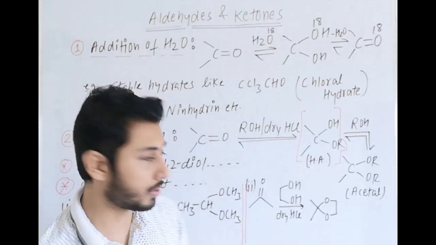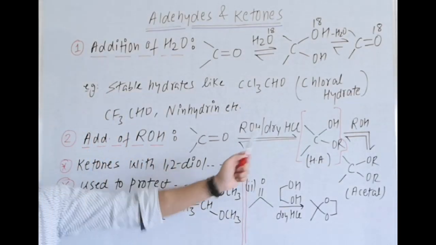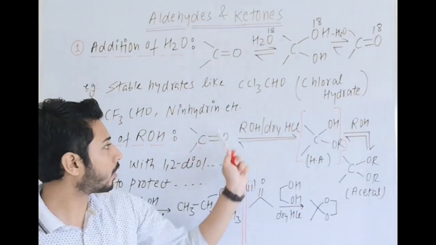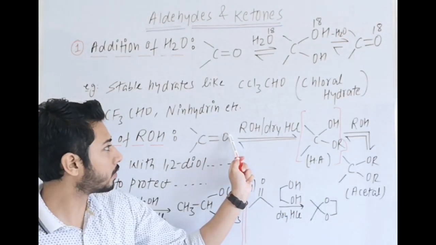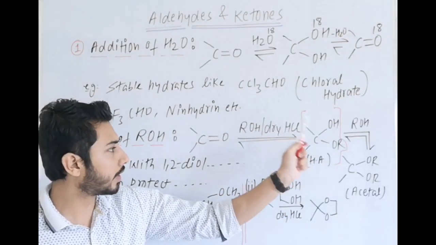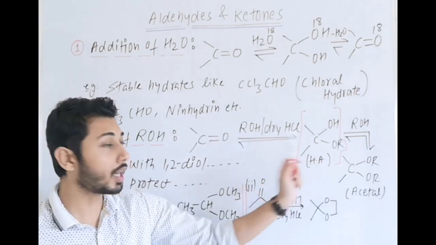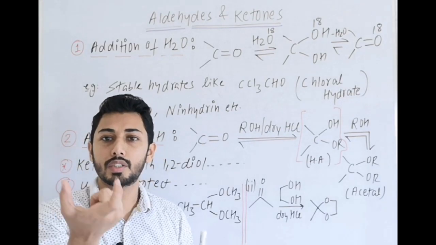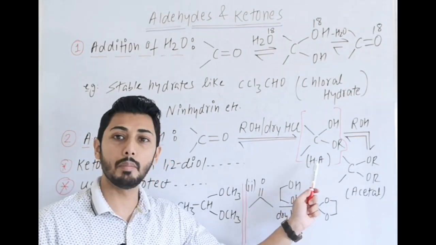of reaction increases. After that, OR from alcohol will add on the carbonyl carbon, and this O minus will take H plus from HCl, giving OH and OR. Carbonyl carbon which is having OR group and OH is an intermediate here, which is hemiacetal.